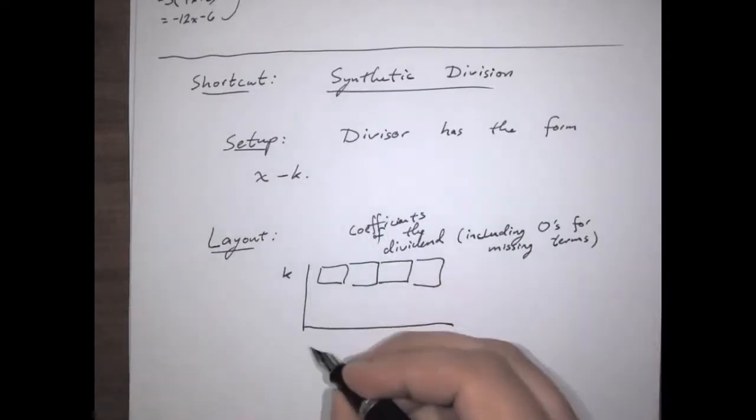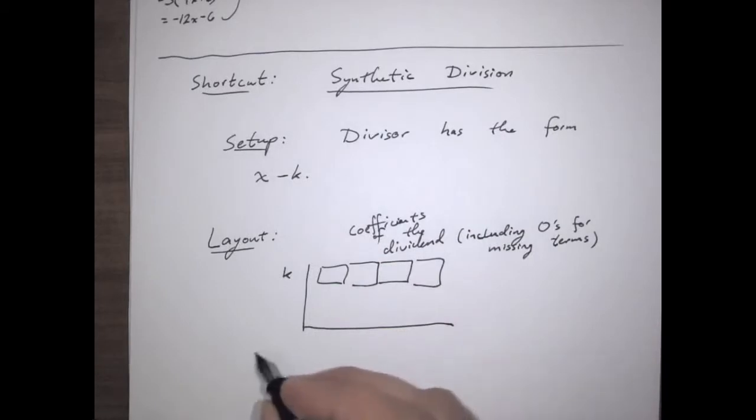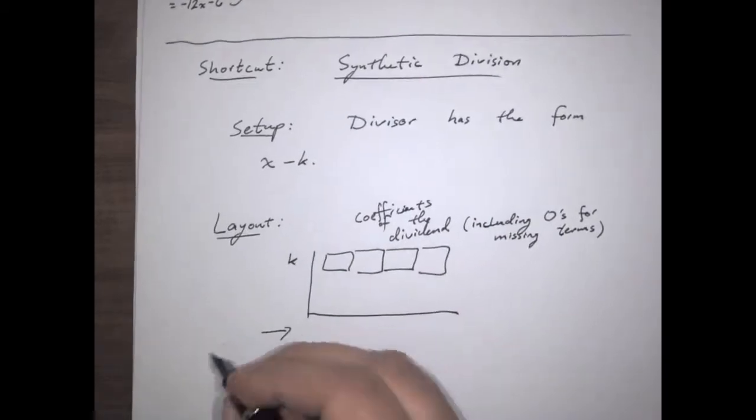And then what's going to happen is down here is where the quotient will start to emerge.